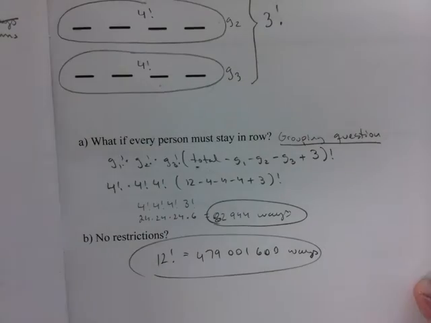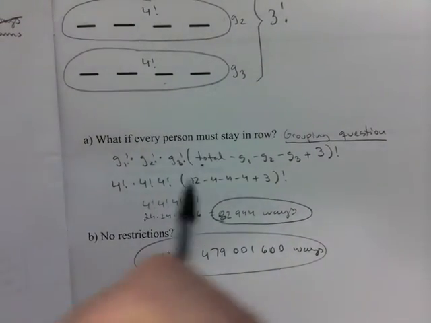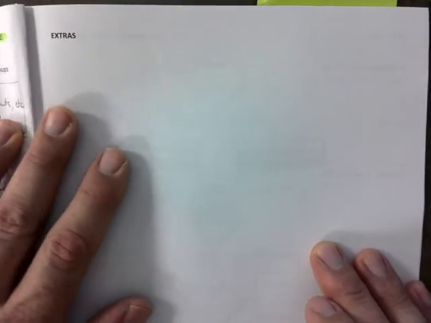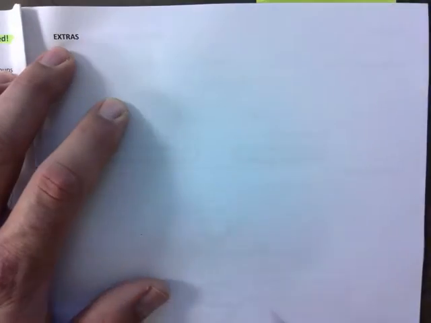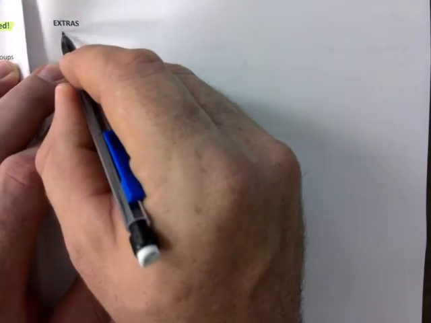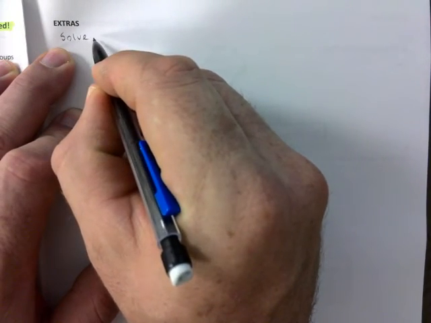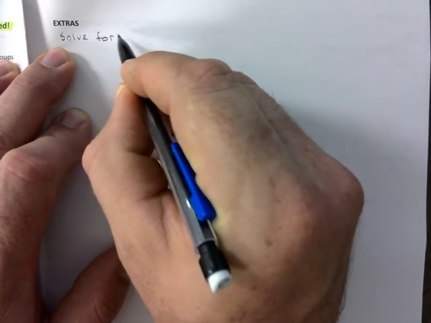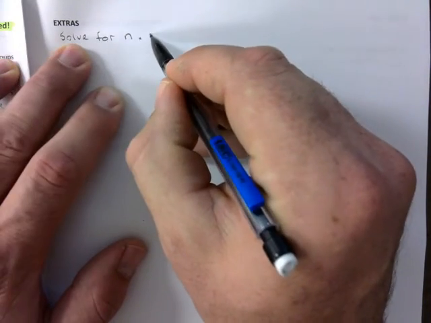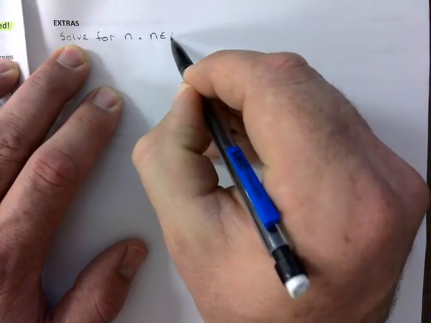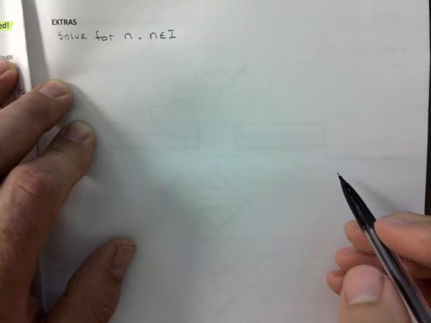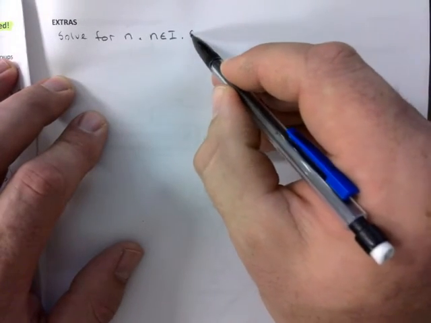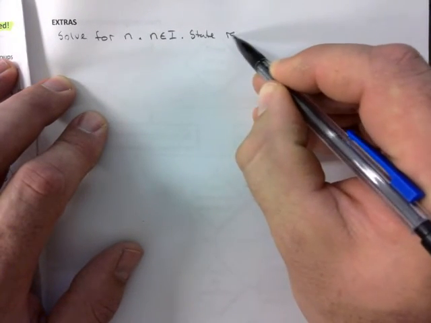I think I will let you have a go at it because I think you need to wake up a little. So go to page 50. It says extras. Solve for n, right? And we will always assume that n is an integer. State restrictions.